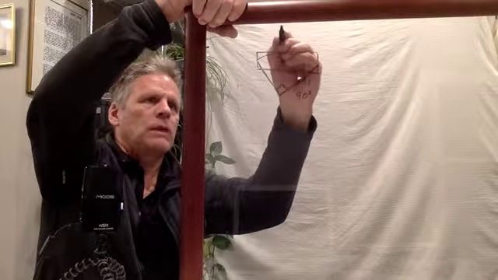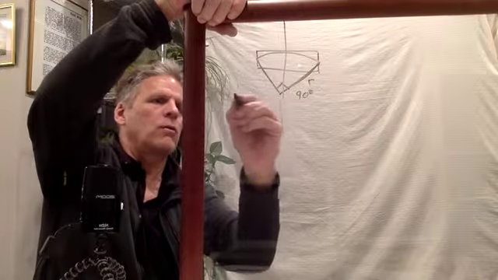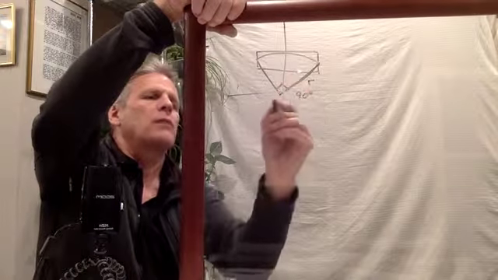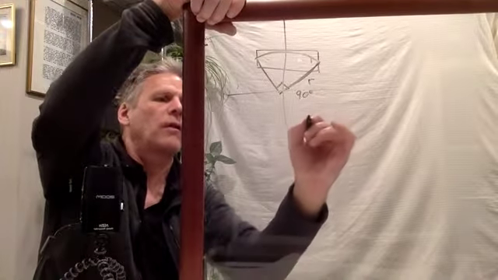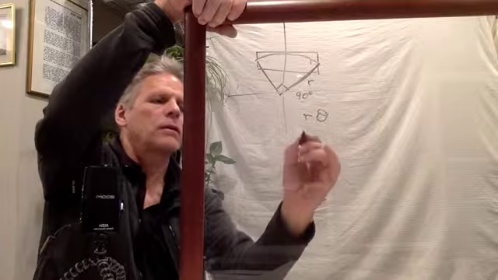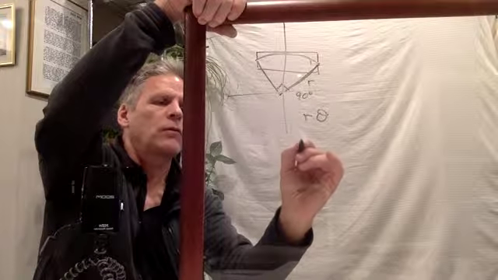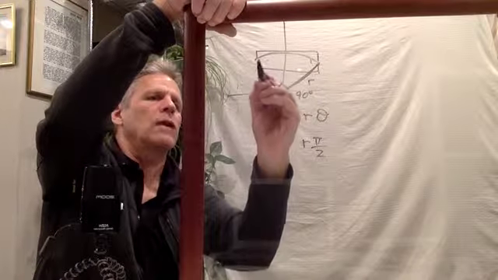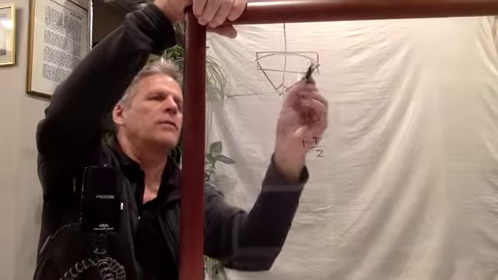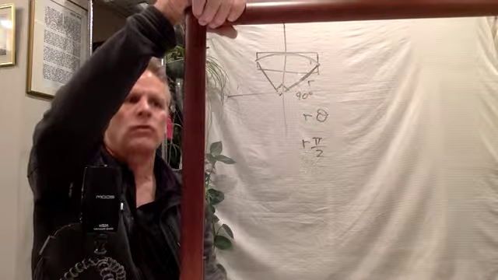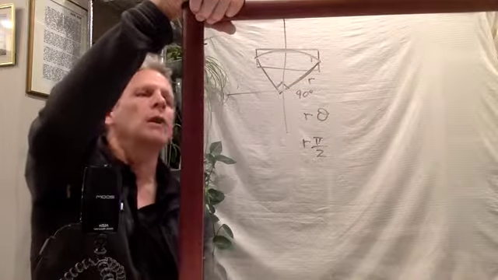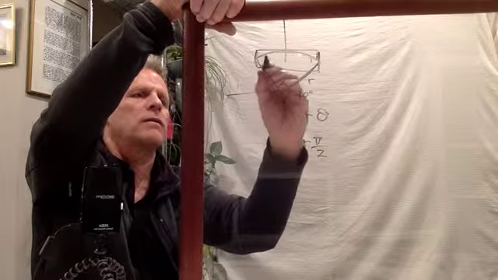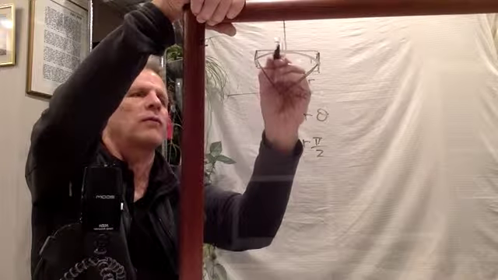I don't think we really need a coordinate system right now, but I'm going to draw it like that. So what is this distance? This is just r theta. Theta here is pi over 2, so it's r pi over 2, and that's this arc length. I'm going to cheat a little and say this arc length is just this length right here.